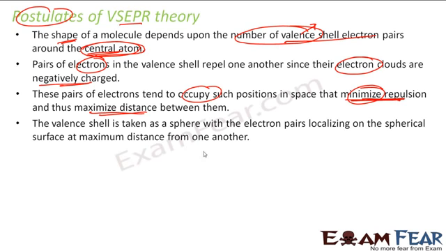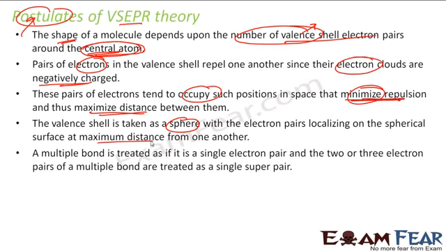And in this case the valence shell is taken as a sphere, because this is what the theory says. If you want to find the exact shape, the theory says you have to assume that the valence shell is a sphere with electron pairs localizing on the sphere at maximum distance from one another, right?